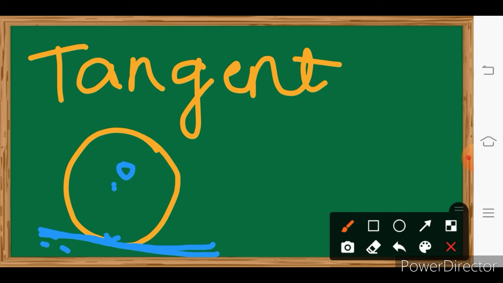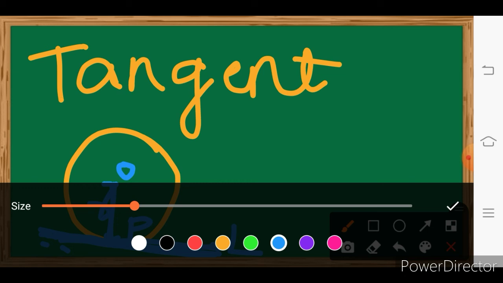This is tangent L and it touches the circle at point P. This is called a tangent. Here the radius is perpendicular to the tangent.